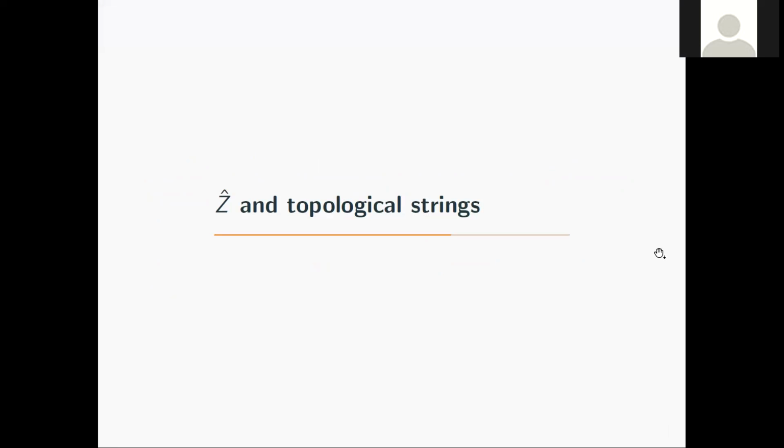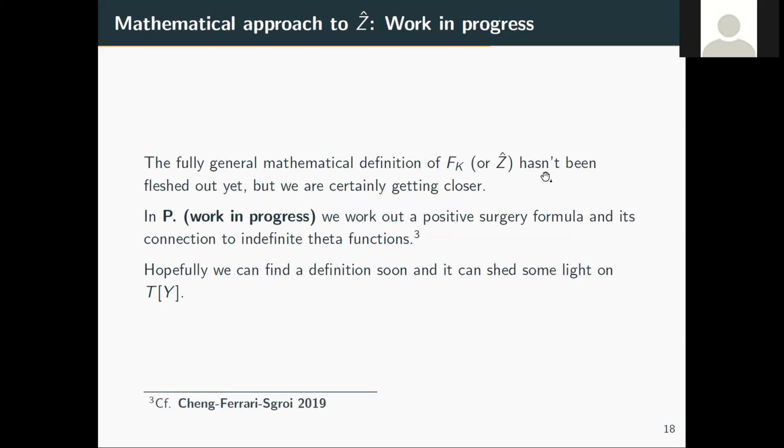Can you obtain the Z hat for a T3, like a 3-torus? The 3-torus can be obtained by surgery on the Borromean ring. Yeah, we're doing 0 surgery on it. So far we've mostly been focusing on rational homology spheres, and 0 surgery is slightly different.